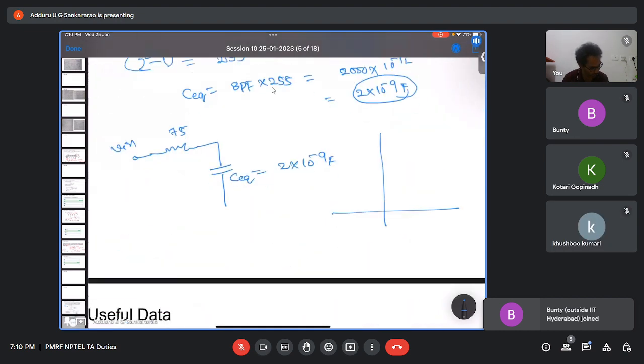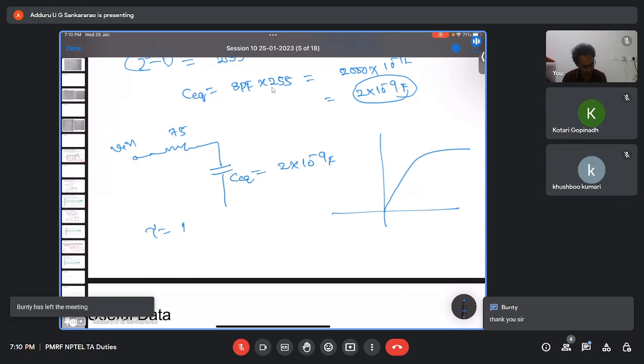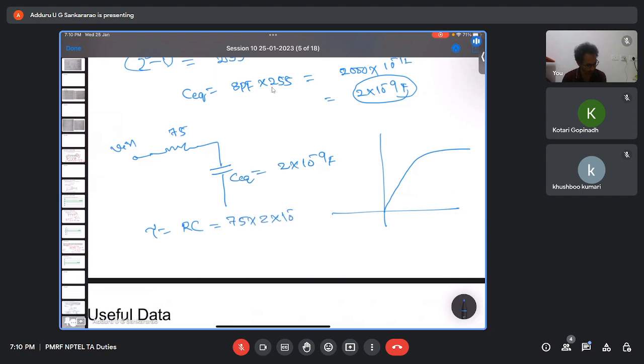The input voltage at the comparators will rise exponentially with time constant tau equal to RC. So 75 into 2 into 10 power minus 9 is 150 into 10 power minus 9, the time constant. It will not rise immediately.